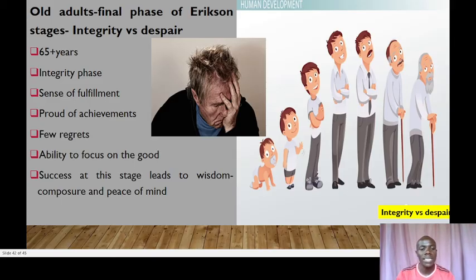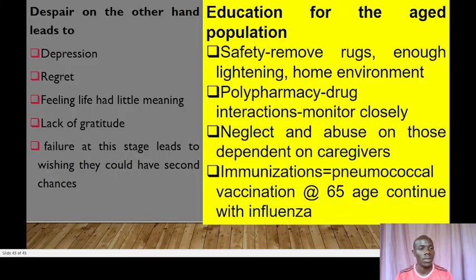So success at this stage will lead to wisdom, composure, and peace of mind. While failure could lead to someone being depressed, regretting so often, and feeling life has very little meaning. They lack gratitude. Failure at this stage could lead to someone wishing that they could have had second chances in life.